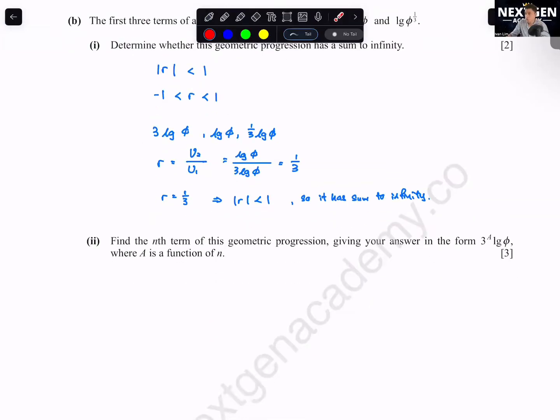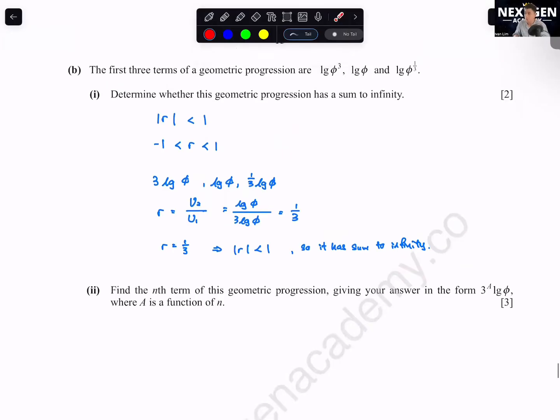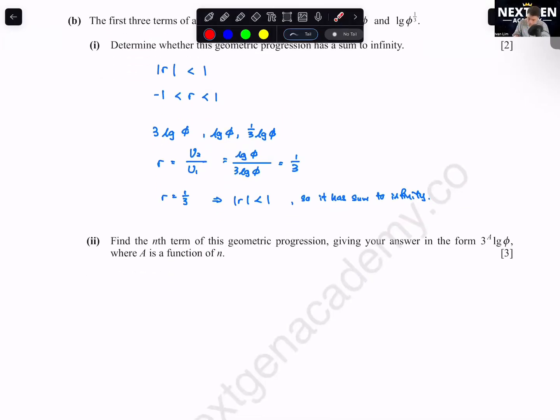Okay, part 2, find the nth term of this geometric progression, giving your answer in the form 3 to the power of a log 5, where a is a function of n. Let's write down what our a and r are first. a over here is 3 log 5. r is 1 over 3.